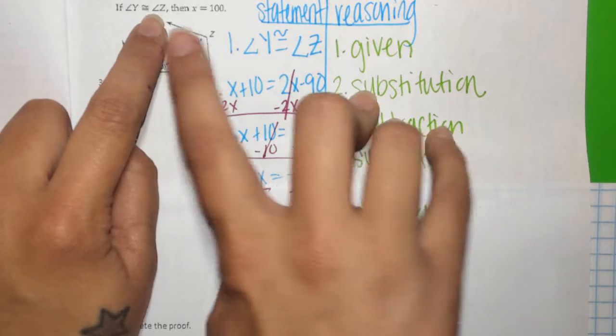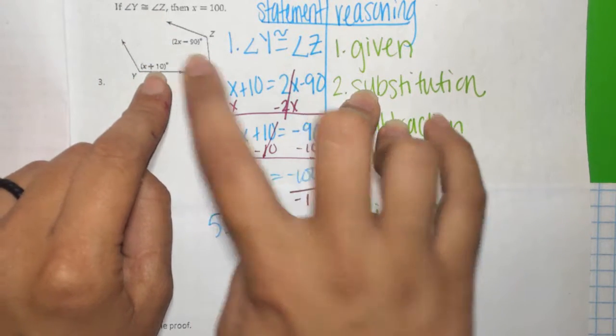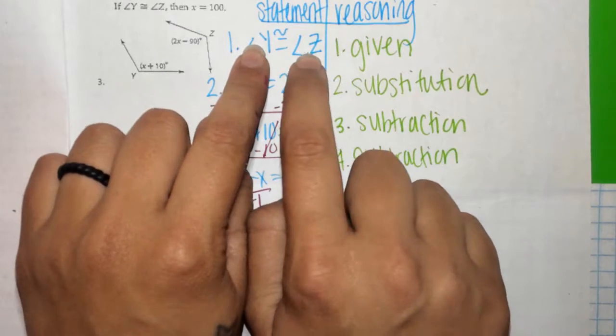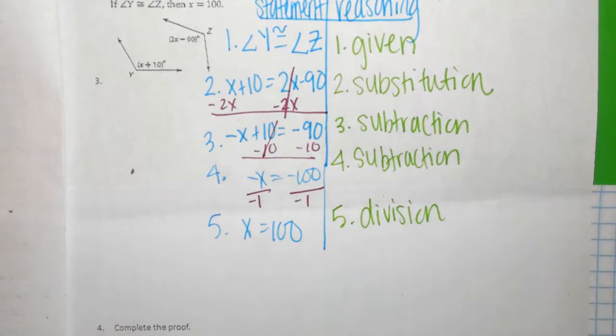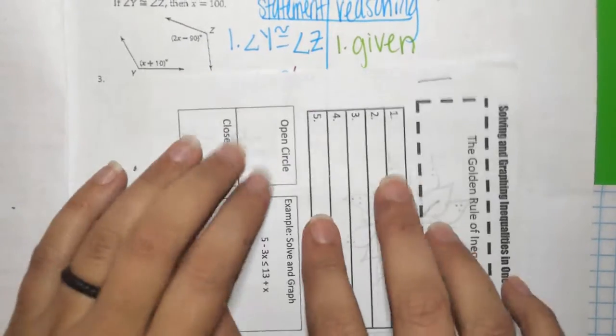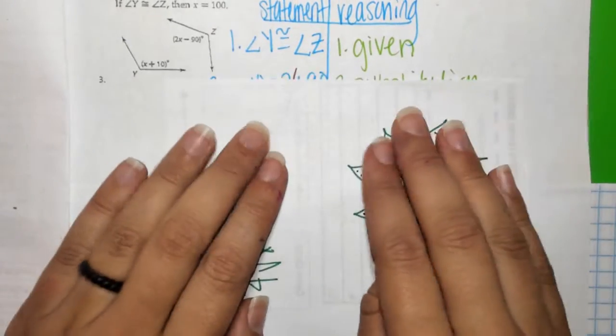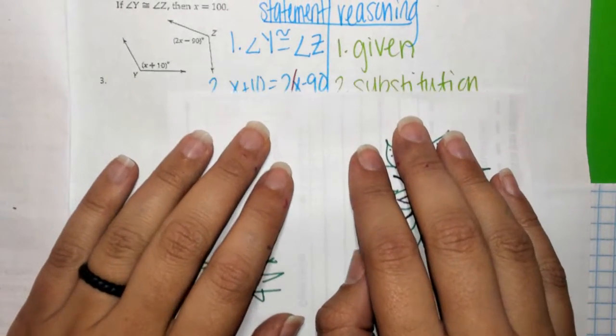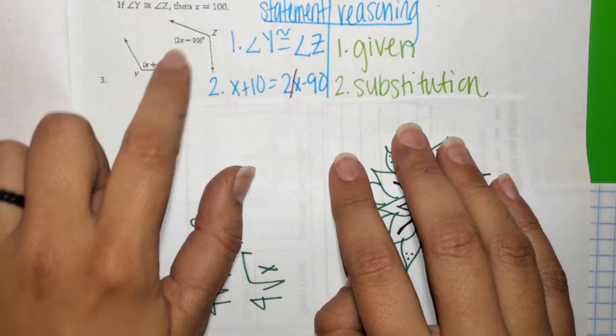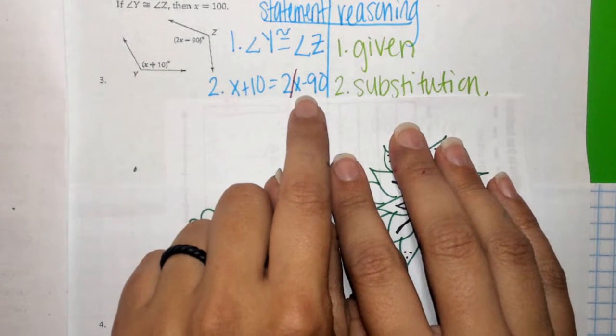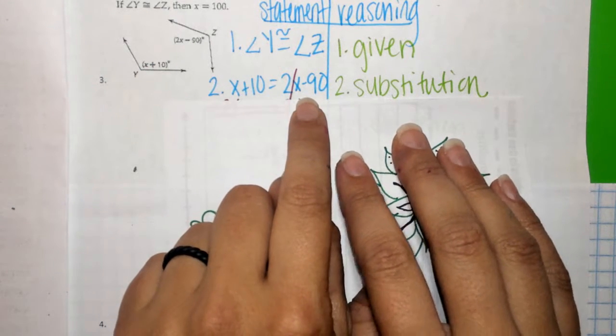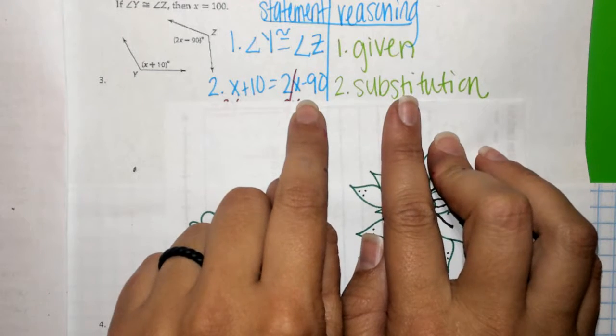So if two angles are congruent, then their measures are equal. So we said that angle y is congruent to angle z, and we wrote given. Does everybody understand? Then we substituted what angle y and angle z are, and we wrote substitution.